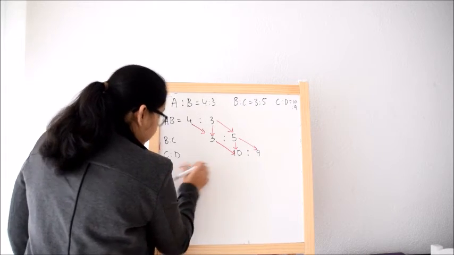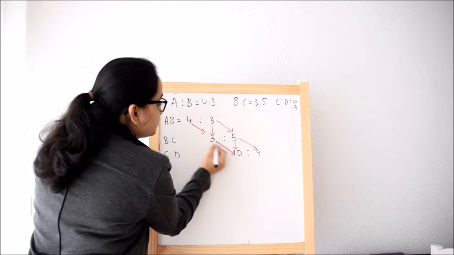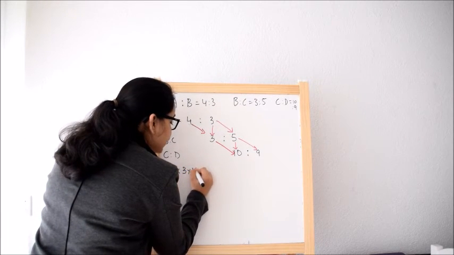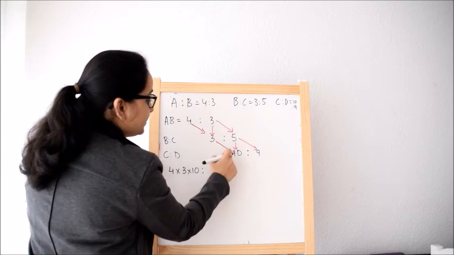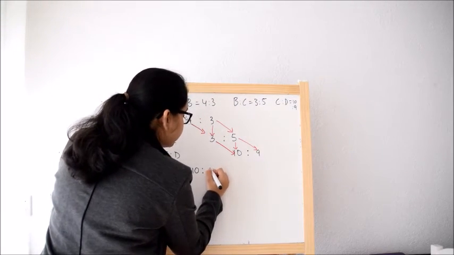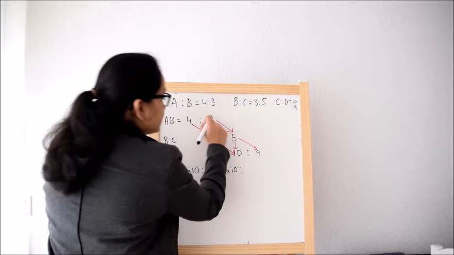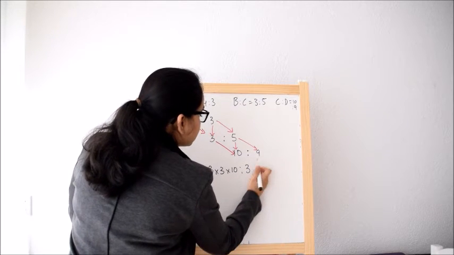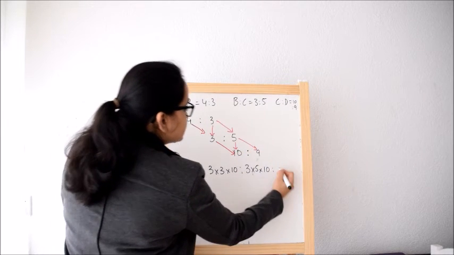I will write it completely so that you understand. 4 into 3 into 10. Then this. Okay. It will be like this. Okay. So 3 into 3 into 10. Then this. And then these.